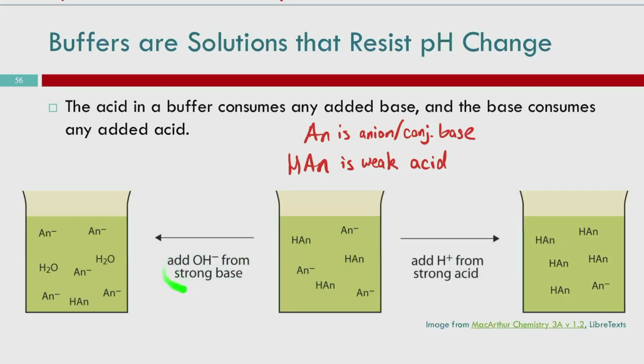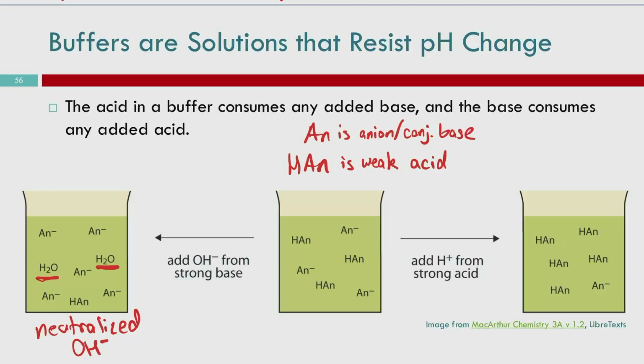So we can add hydroxide from a strong base, and that's going to pull off some of these H's and form water. So we've neutralized the hydroxide.